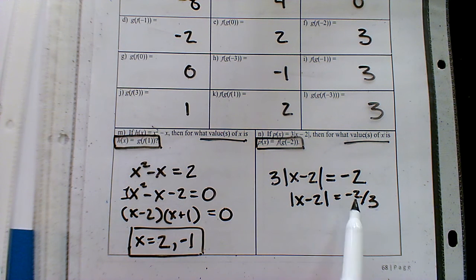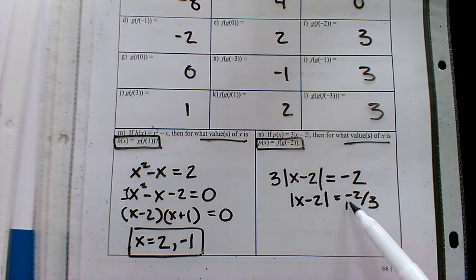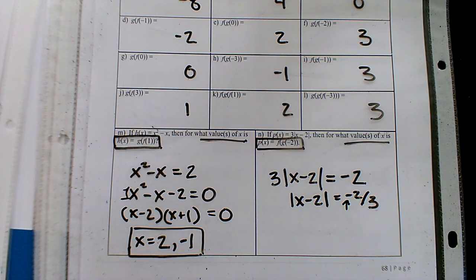Notice how this statement is telling you if you were to plug in a number for x and then take the absolute value of it, your answer should be a negative 2/3, right? If you take the absolute value of something, its result will always be positive. There's no way it can be a negative. So you might get into the groove of breaking things up.